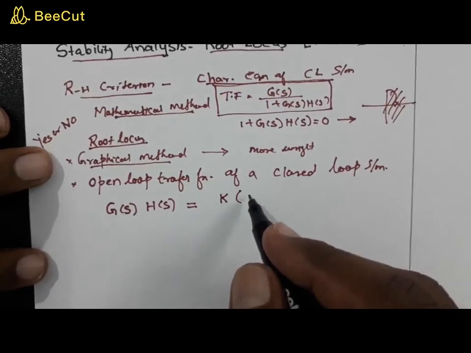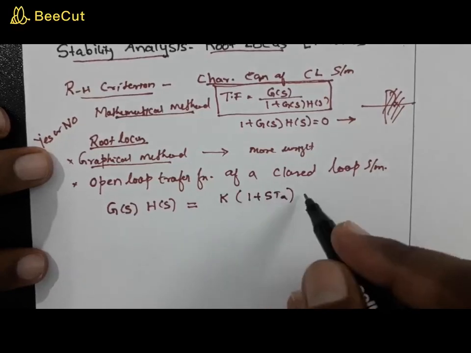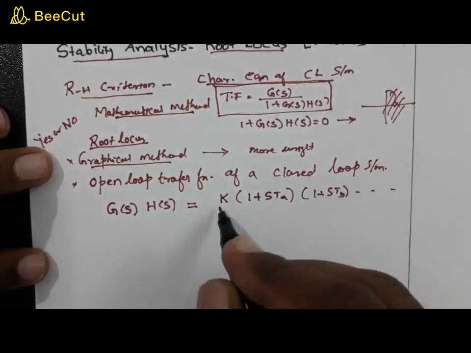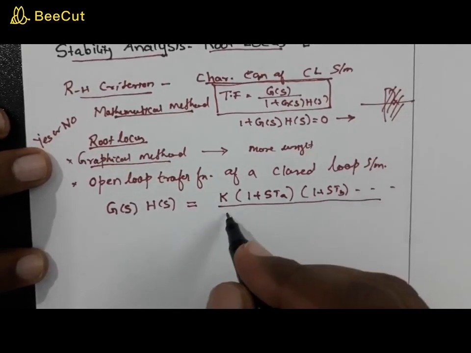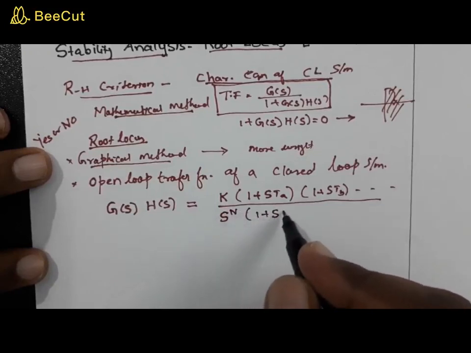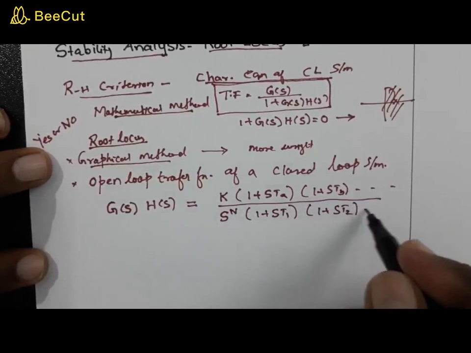For details you may refer to those videos. K into (1 plus sTa) into (1 plus sTb), etc., and it goes on like that, divided by s raised to n into (1 plus sT1) into (1 plus sT2), and it goes on like that.